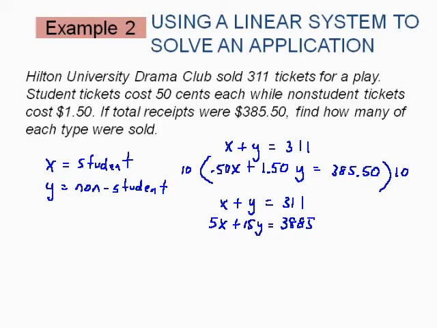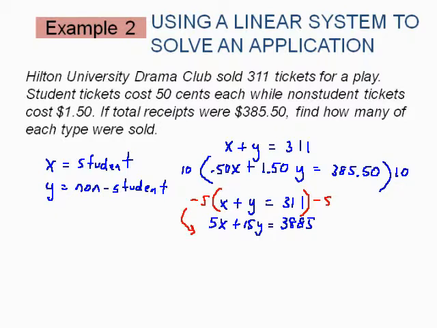Now, do y'all want to be an X hater or Y hater here? I think I want to be an X hater and multiply this first equation by -5 to get rid of the X's. Now, of course, you could multiply by -15 and get rid of the Y's. So it's up to you. I mean, you'll get the same answers either way.